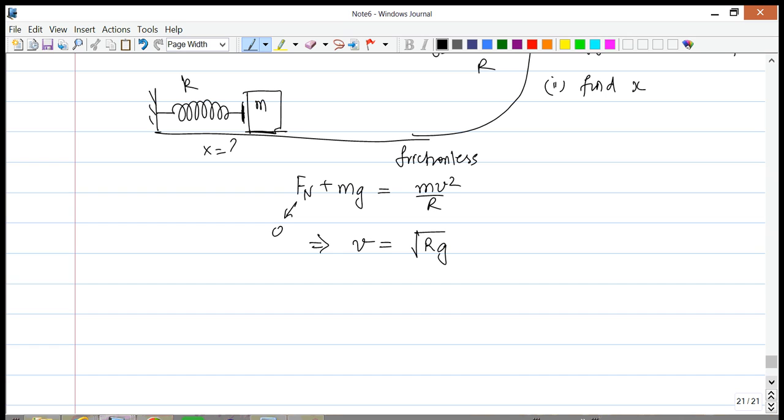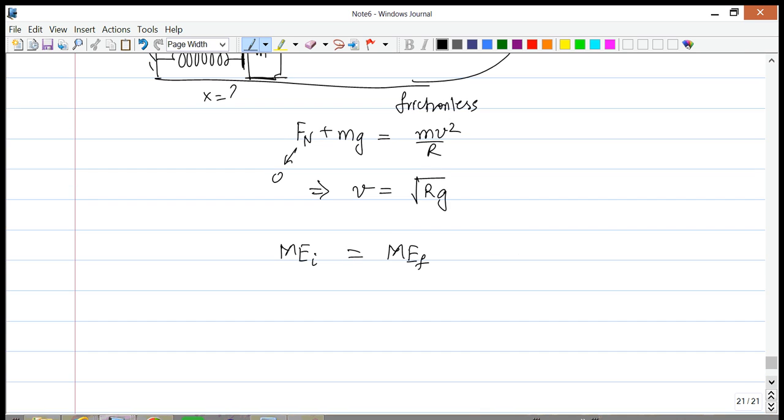Now that we have this, we are going to use ME initial equals ME final, the fact that the mechanical energy is conserved. In the beginning, the block's not moving, so 0 kinetic. It is at its lowest point, so 0 potential. The only thing is that the spring, our massless spring, has some spring potential energy, which is 1/2 k times x squared. x is what we're looking for in the problem. k is given.